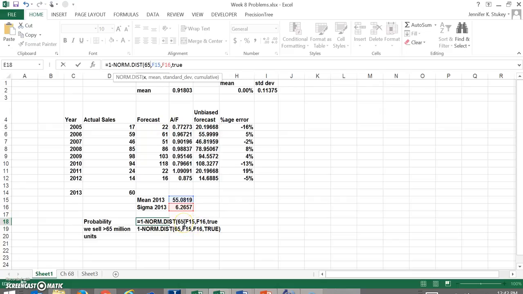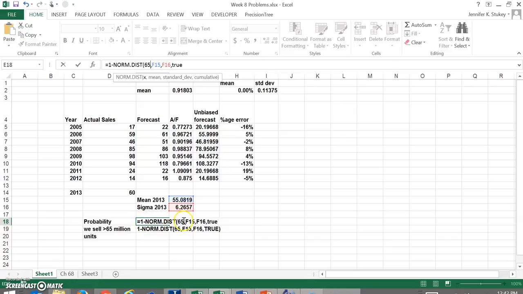What this normal distribution is calculating is the chance that we're going to sell 65 million units or below. Because we want 65 and above, we are taking the inverse of that, so that's why we have the 1 minus.